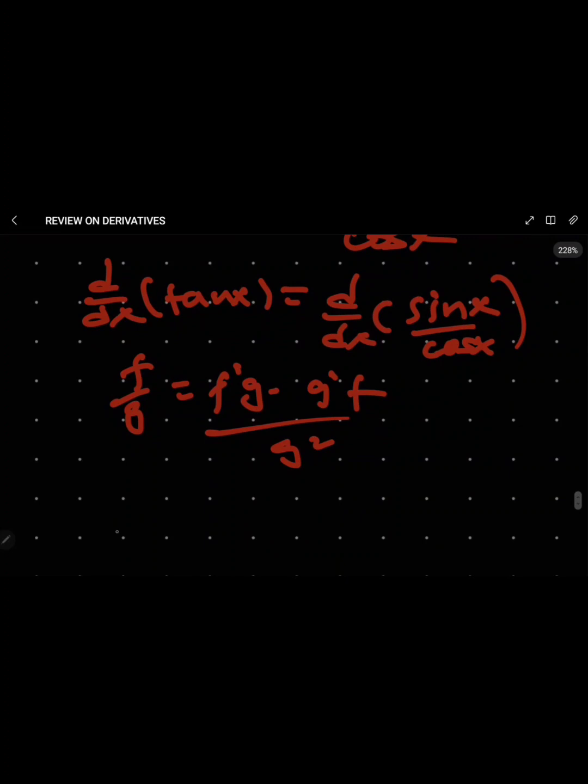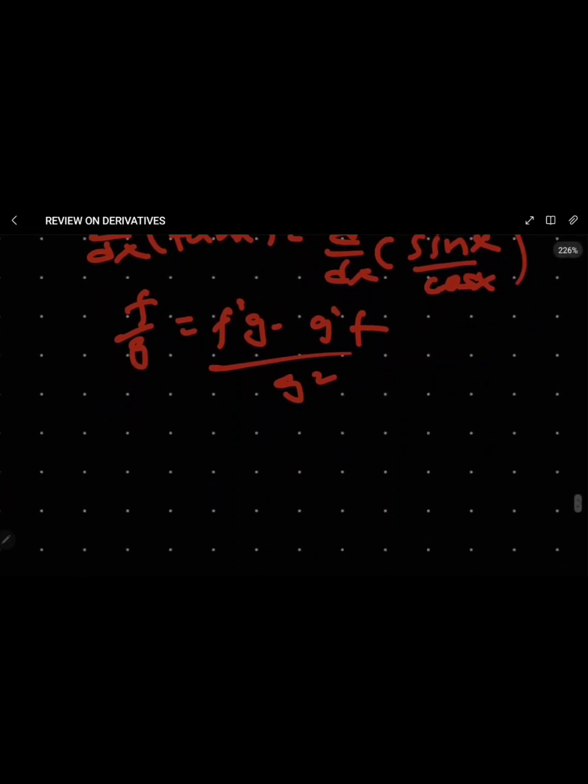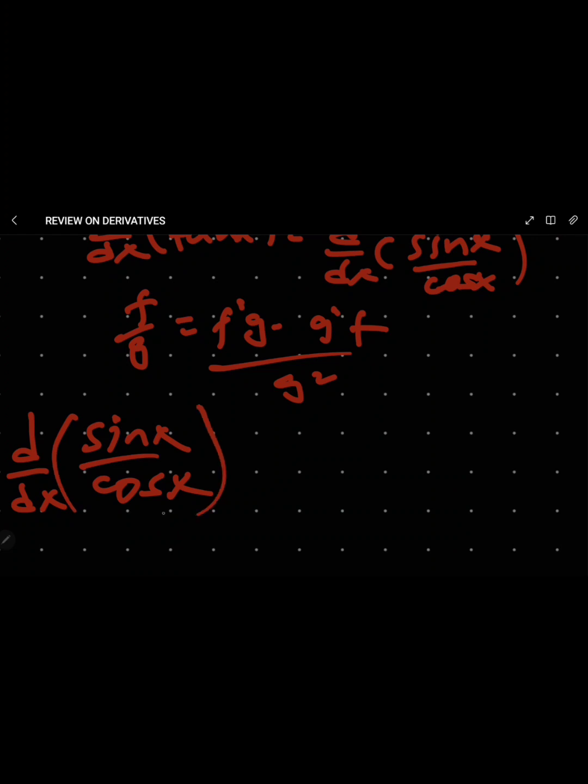You have sine x over cos x and you are looking for the derivative of this. The derivative of sine x is cos x, times the denominator g of x.